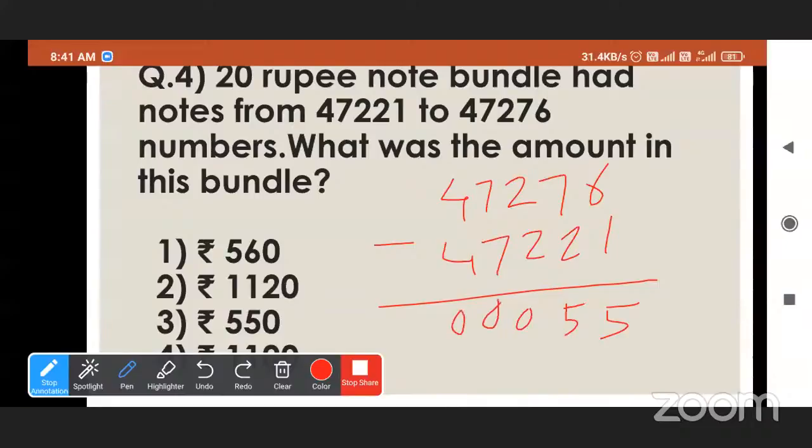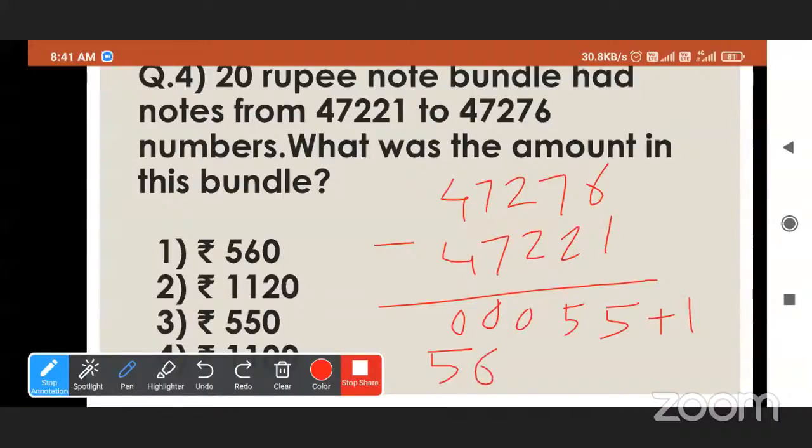So 55 is here. So what do we have to do next? We have to add 1, so it becomes 56.